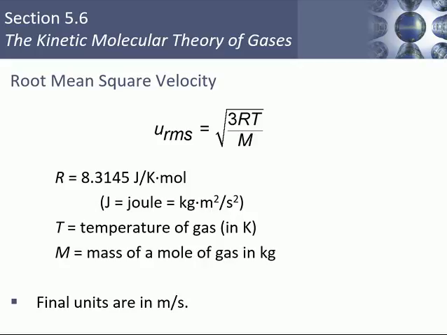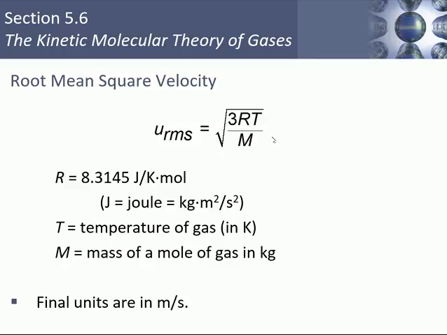All right, this is going to be a calculation problem that you are going to do pretty regularly, and it will most certainly be on the AP exam, if not my quizzes and tests. The root mean square velocity. Represented by u rms, that's root mean square, over here. And we have 3RT, just like we saw in the average kinetic energy equation.